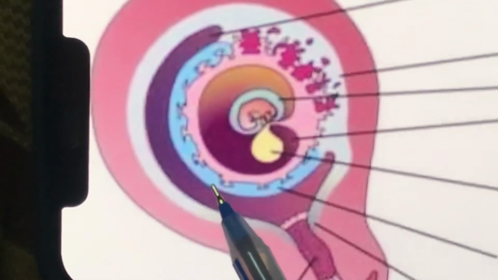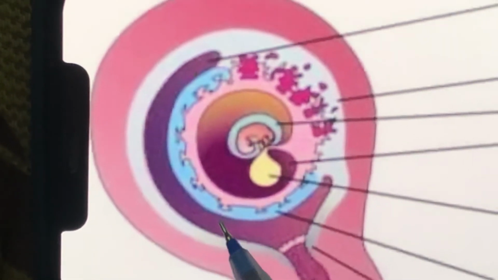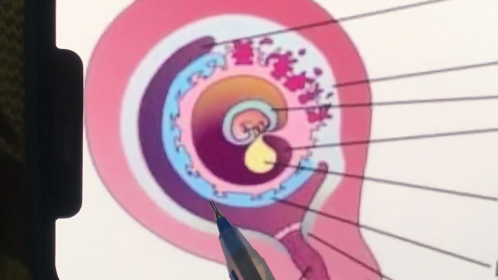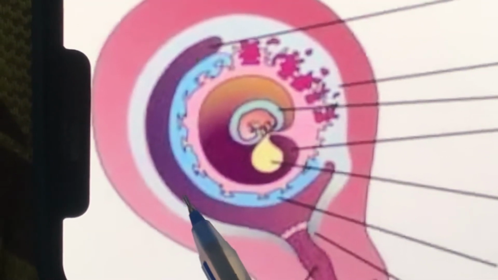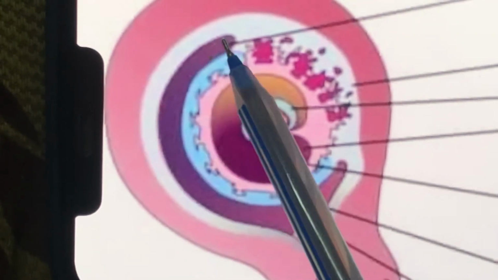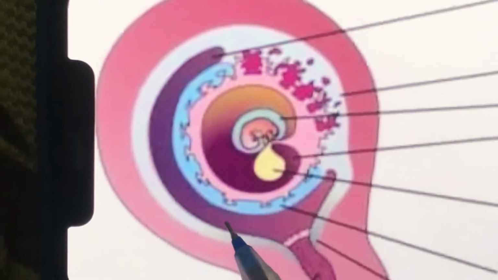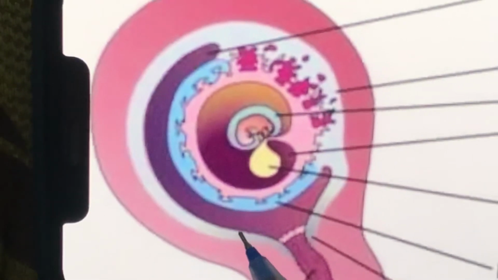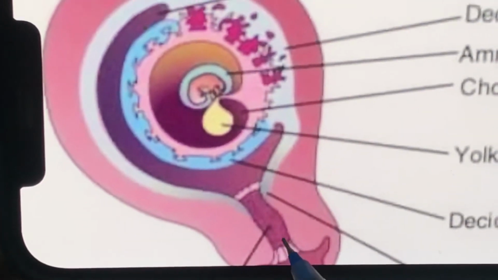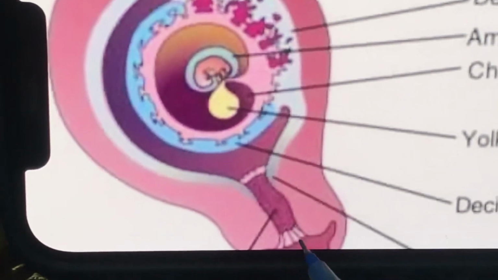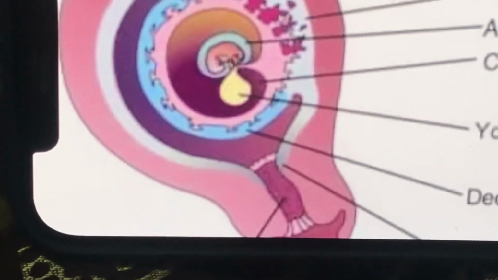So if it gets detached, the bleeding occurs over here in the subchorionic space or the uterine cavity, and then the blood comes out from here as the external ooze.